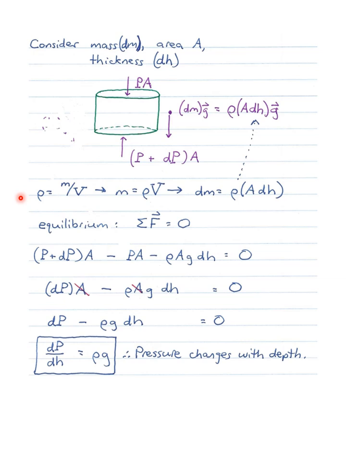So using the notation of calculus, the mass element dm is equal to the density rho times, instead of volume, A times dh, the surface area times the height of that cylinder. And now, going back up here with my dotted line arrow, dm g becomes rho A dh g.